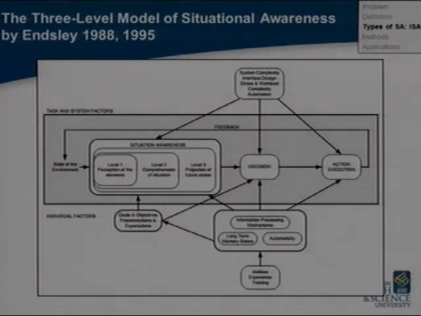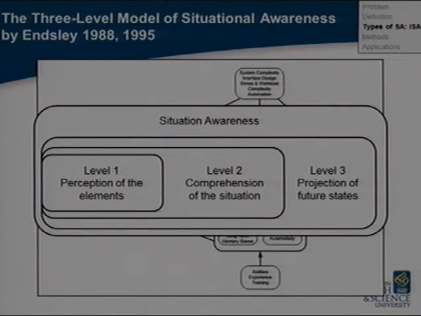She proposed that when we perceive the world, we do so in three stages: we have perception, we have some comprehension of the situation, and then we're able to predict the behavior of the objects we've observed, or project them into the future.